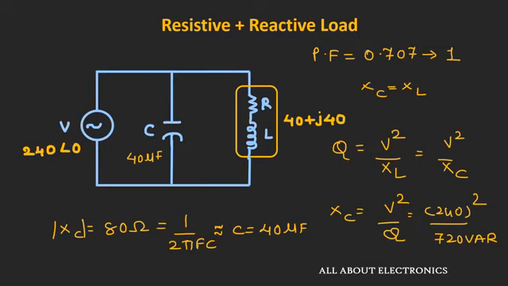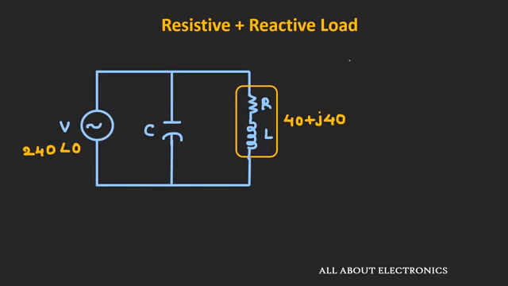Now let us also understand by introducing this capacitor how our apparent power or the total power will be reduced. So for that we need to find the overall impedance of this circuit. So the overall impedance of the circuit will be equal to this XC in parallel with this ZL. Now we already found the value of this XC as minus J 80 ohm.